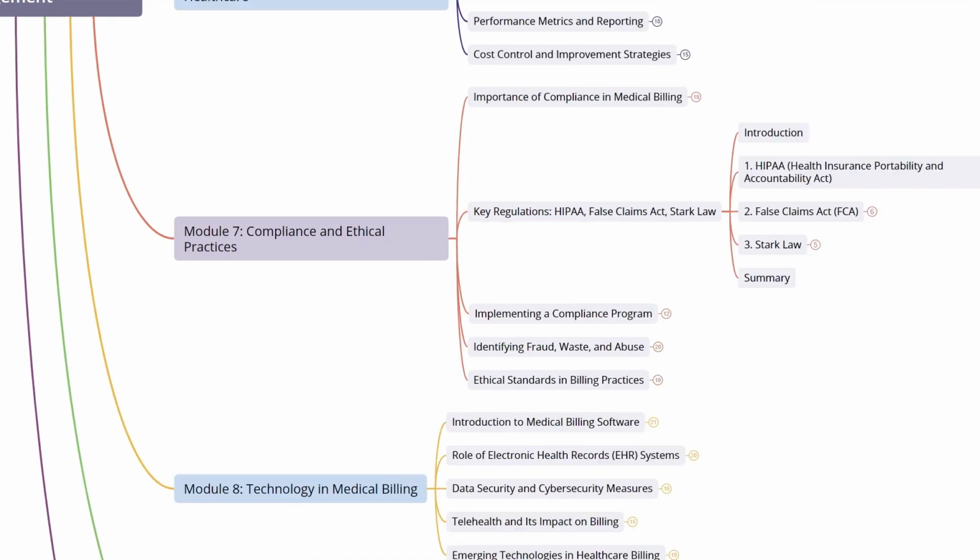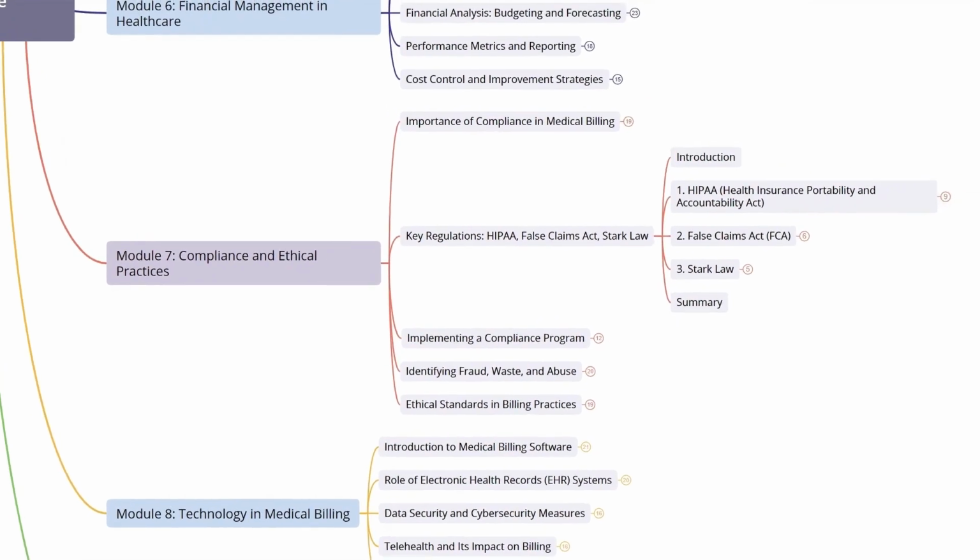Next, key regulations: HIPAA, the False Claims Act, and Stark Law. This section provides an overview of critical legal frameworks. Firstly, HIPAA, also referred to as the Health Insurance Portability and Accountability Act, focuses on protecting patient privacy and data security.